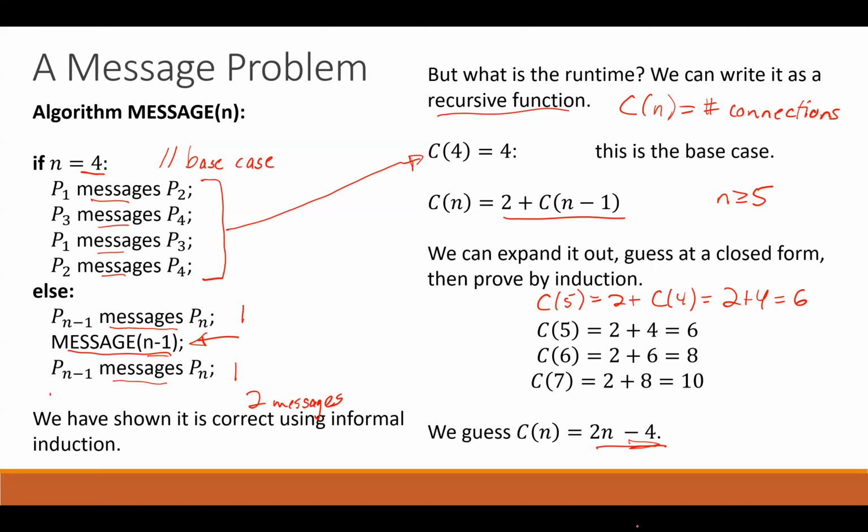I could also write it as 2 times n minus 1 minus 2, or something like that. There are alternate ways to write it, but this is my guess now for the closed form. Okay, so simple enough. Now I just want to prove it using induction.